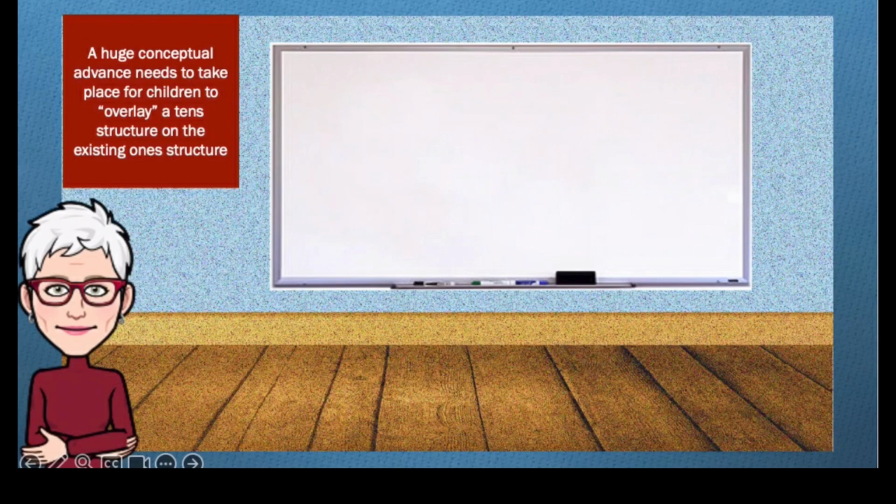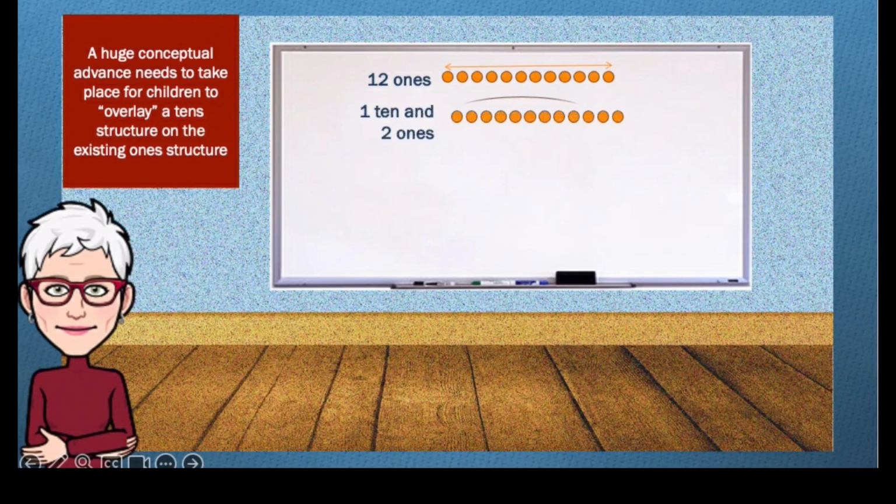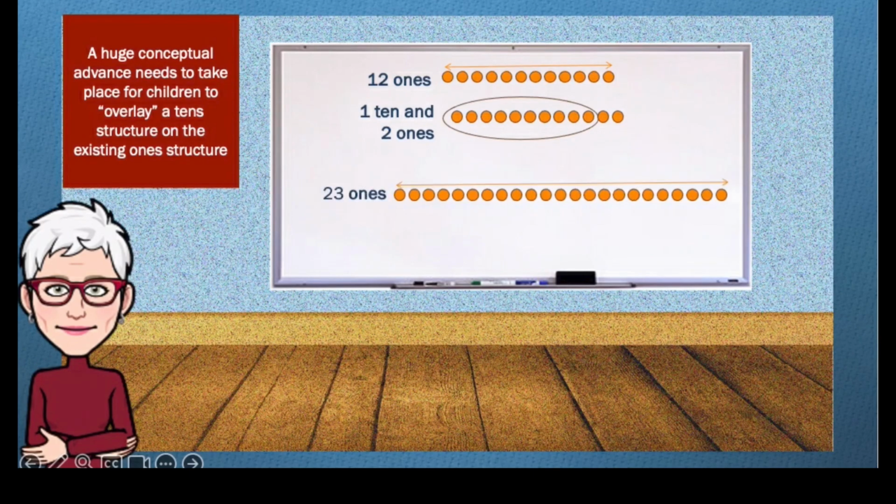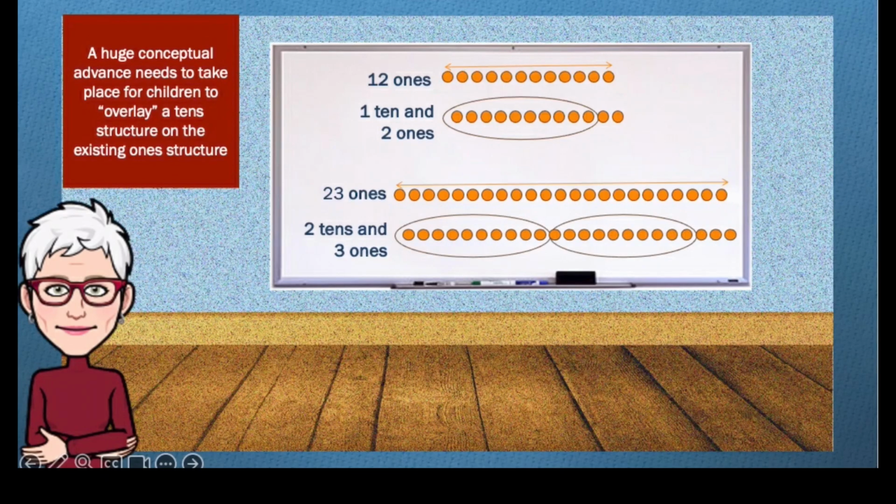One step in this development is for the child to be able to think of number in terms of 10s and 1s. For example, to think of 12 as 1 10 and 2 1s, or of 23 as 2 10s and 3 1s.